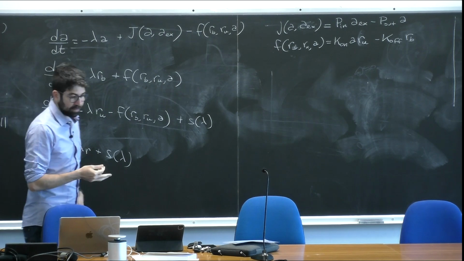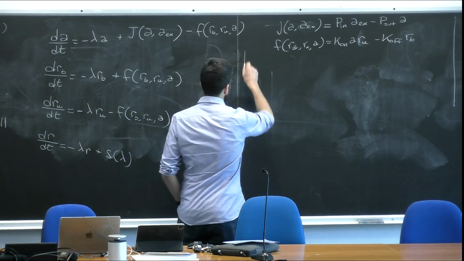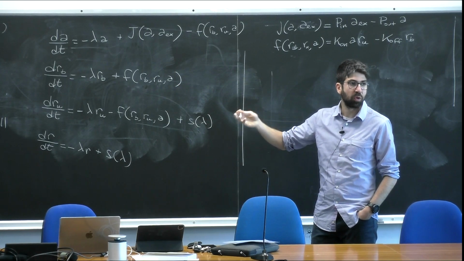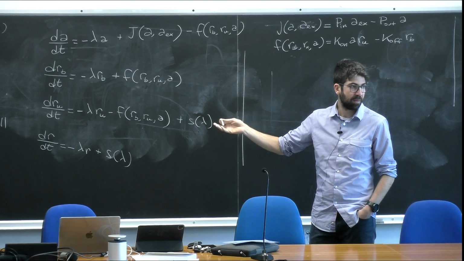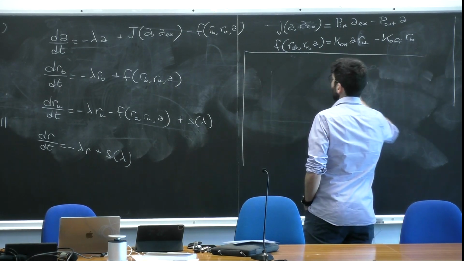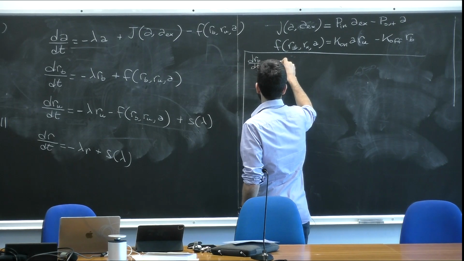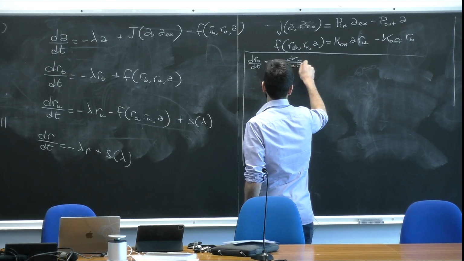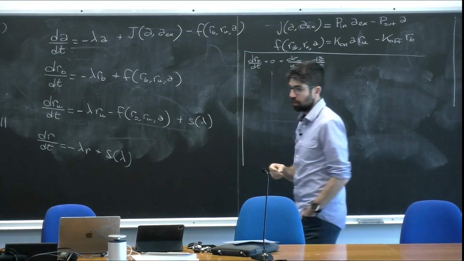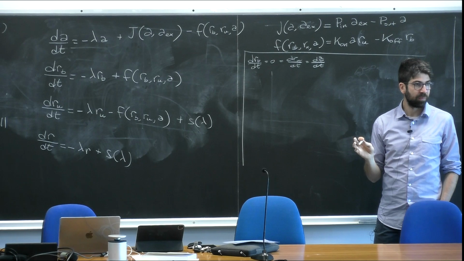So you can derive that form, but basically what we want to find are the steady states. Okay? We care about steady growth, so we want to find what happens when all the derivatives are equal to 0. Okay? So we want to find the fixed point of this equation.